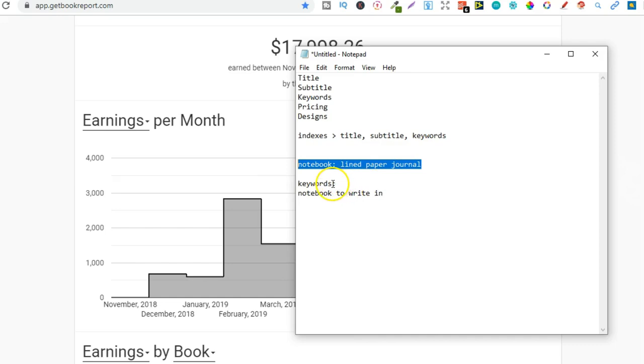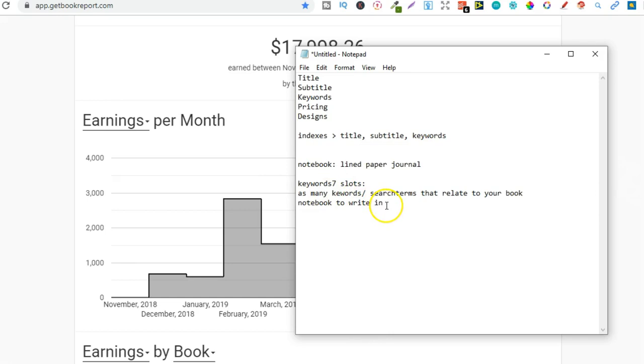Now, with the keywords, you get 7 slots. So you want to max out those 7 slots with as many keywords plus search terms that relate to your book.